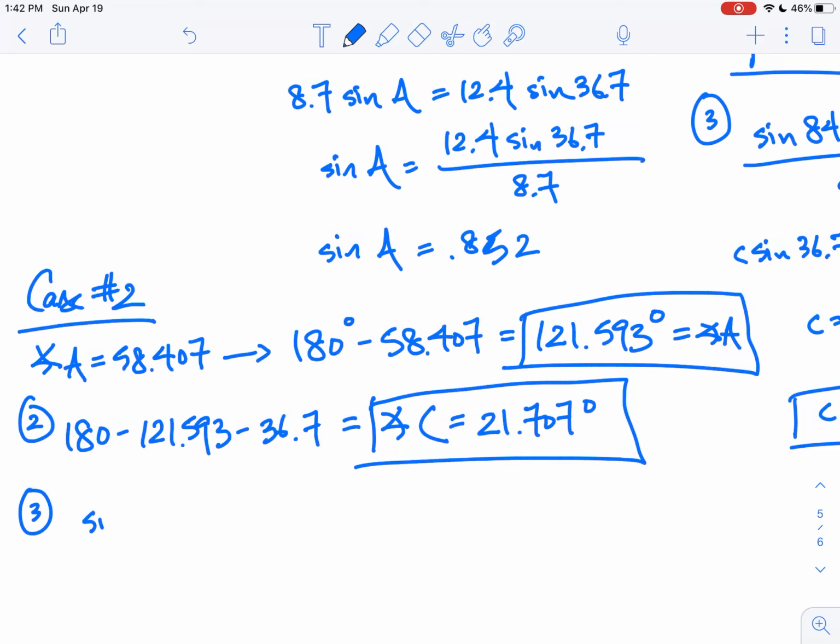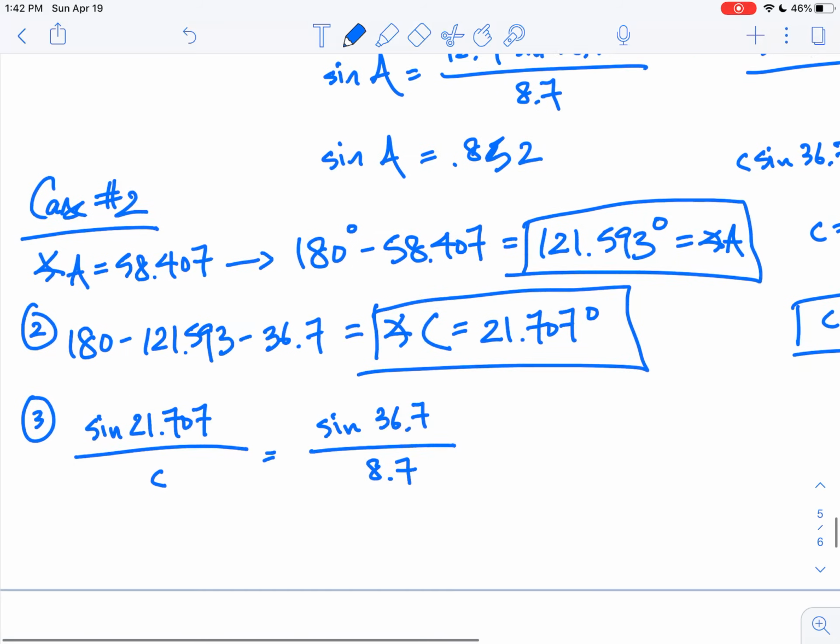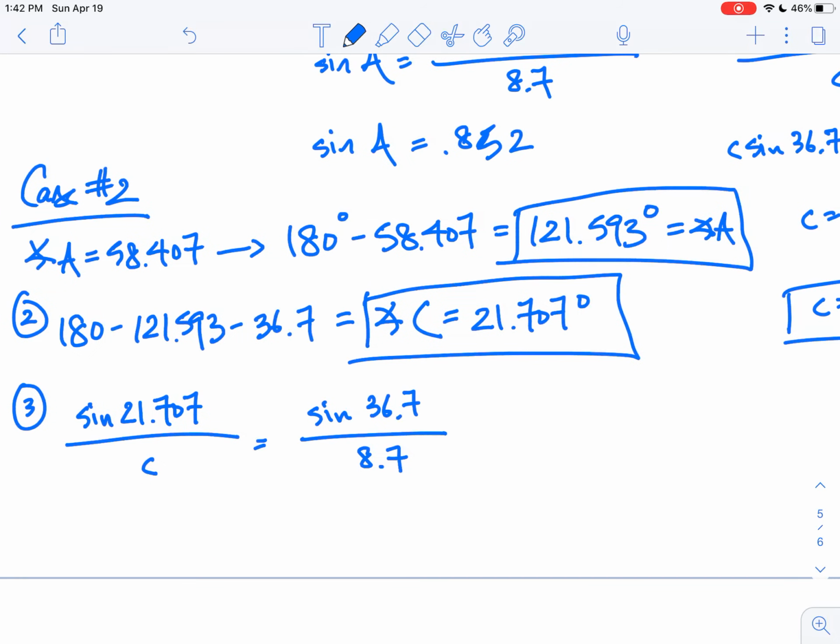So I've got sine of 21.707 divided by little c equals sine of 36.7 over 8.7. I'm going to cross multiply, so c sine 36.7 equals 8.7 sine 21.707.